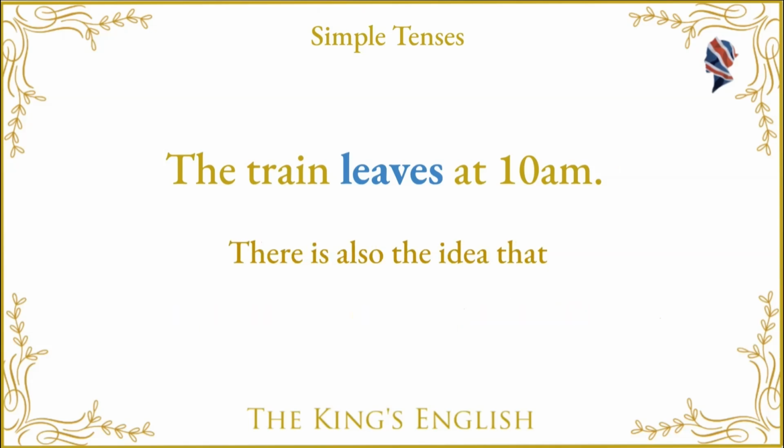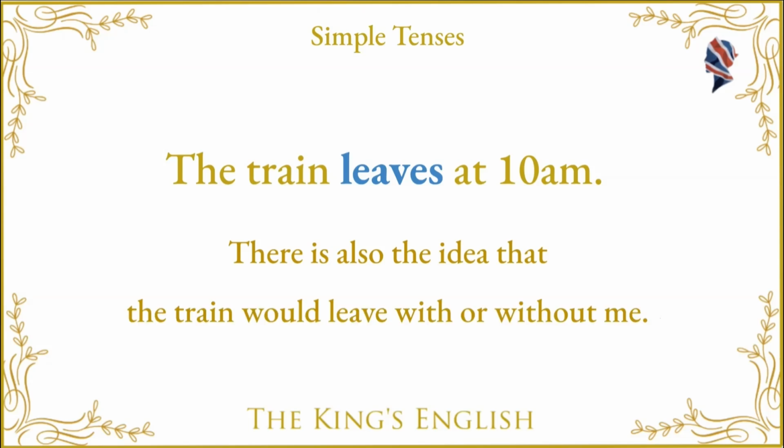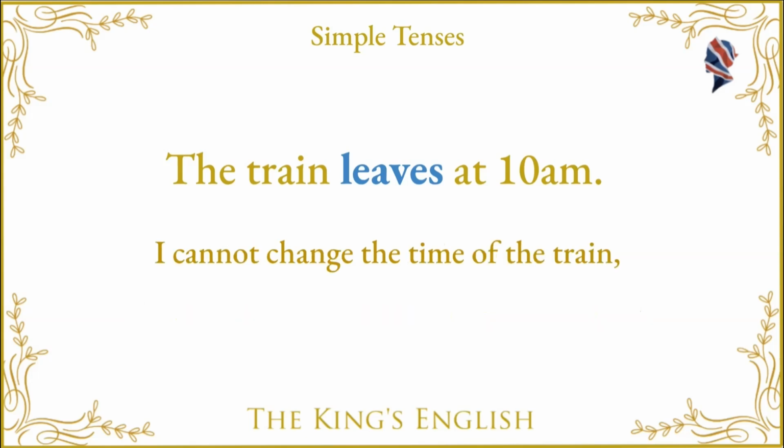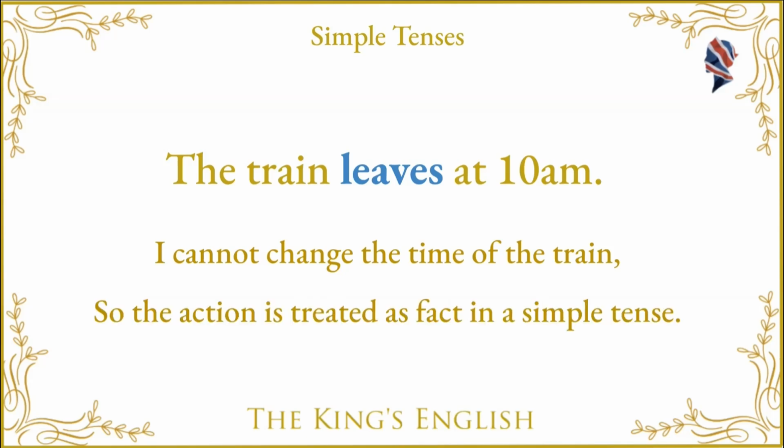There is also the idea that the train would leave with or without me. I cannot change the time of the train, so the action is treated as fact in a simple tense.